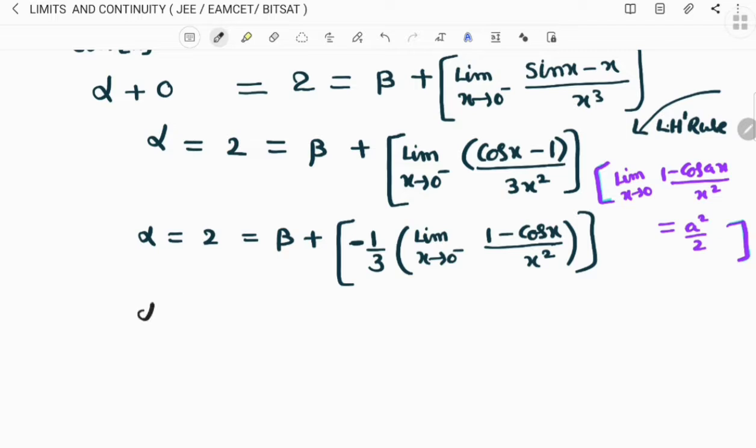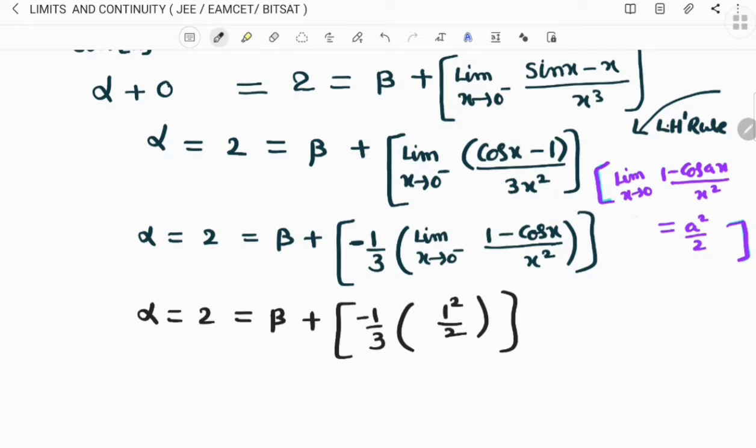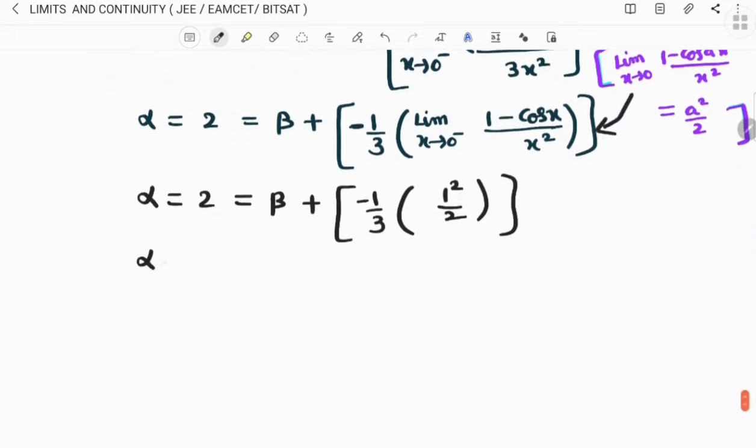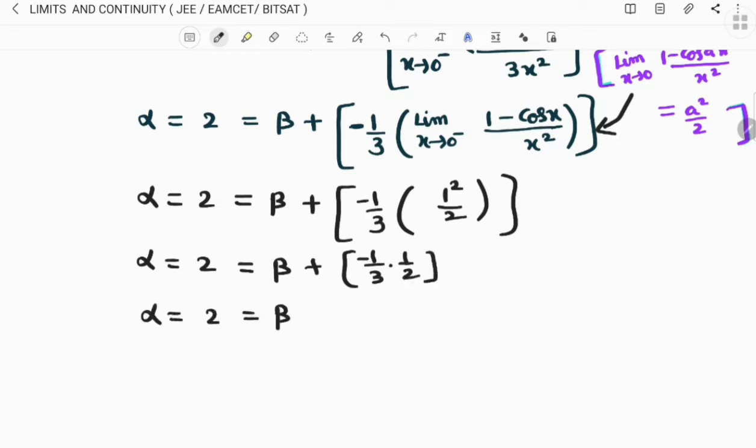So this limit value goes to be alpha is equal to 2 equal to beta plus minus 1 by 3 into this value 1 square by 2 by using this property. So alpha equal to 2 equal to beta plus minus 1 by 3 into 1 by 2. Alpha equal to 2 equal to beta plus minus 1 by 6.